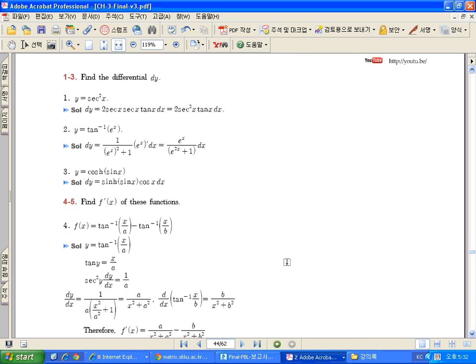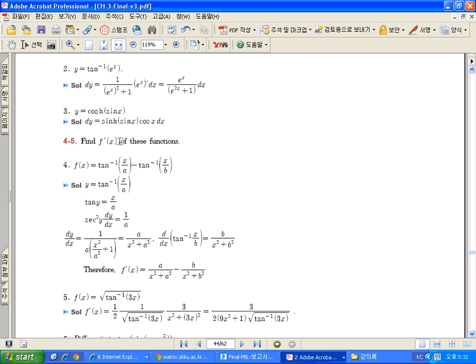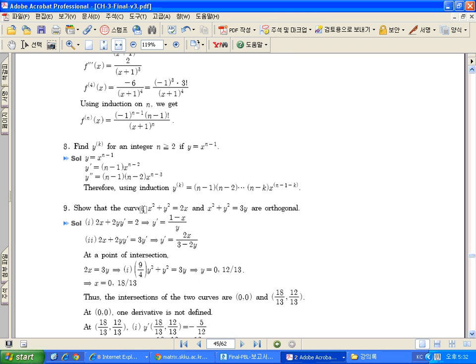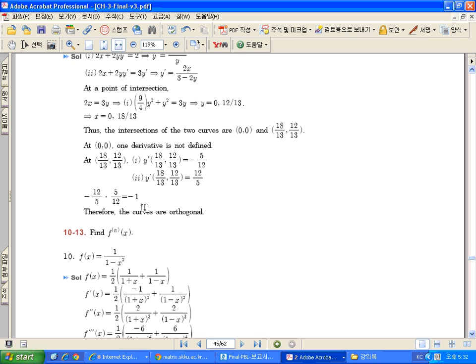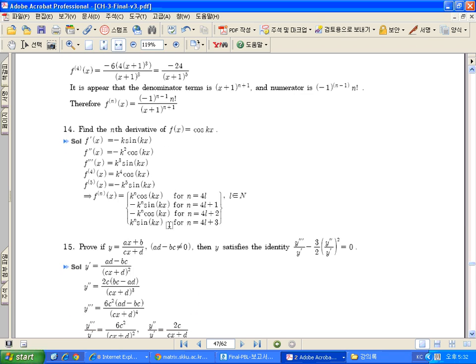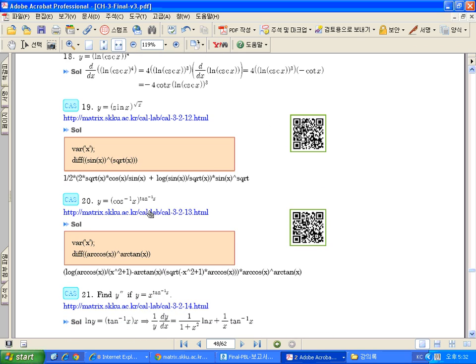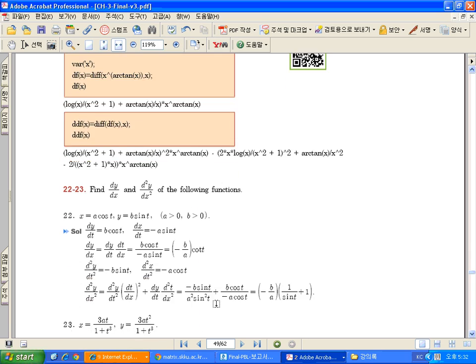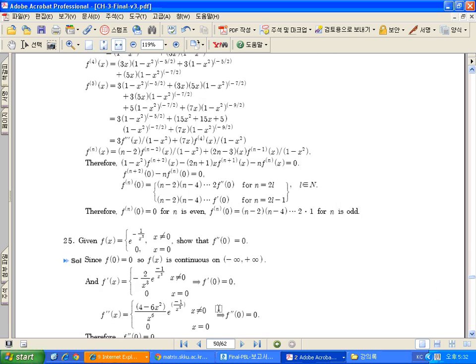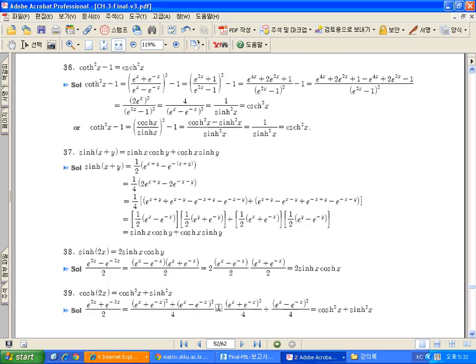Now here are the examples. Find the derivatives of these functions. I expect you may try this by hand or with any computational tool that is available. I think that wraps up section 3.4, and now we close up section 3.3.